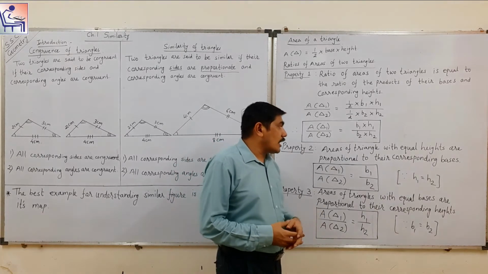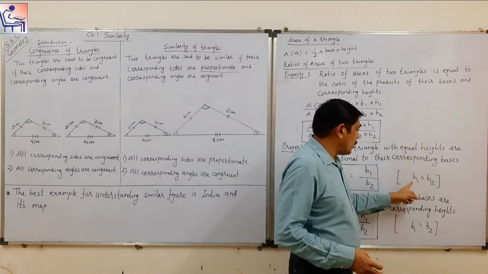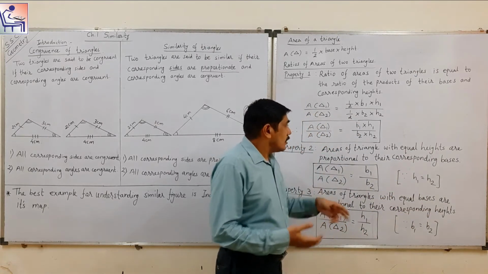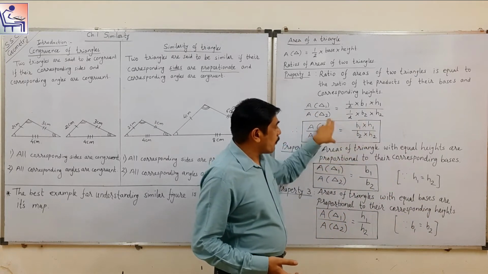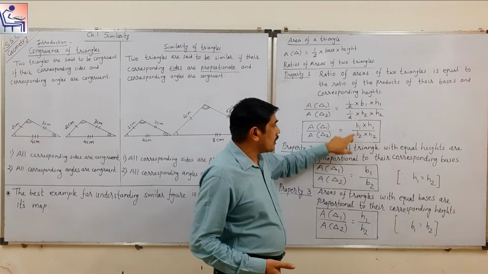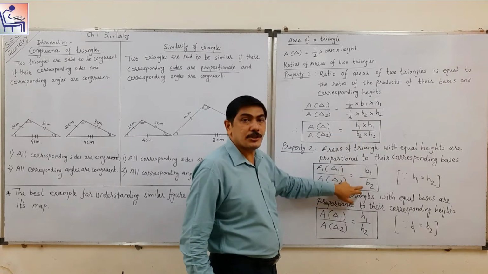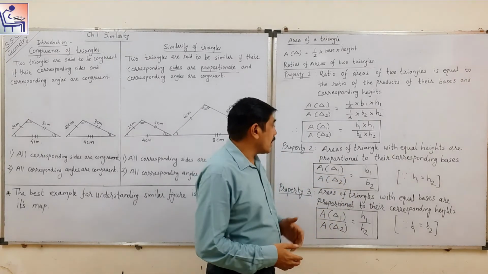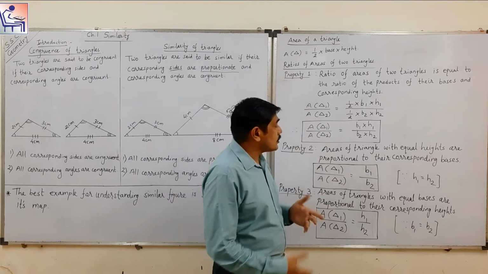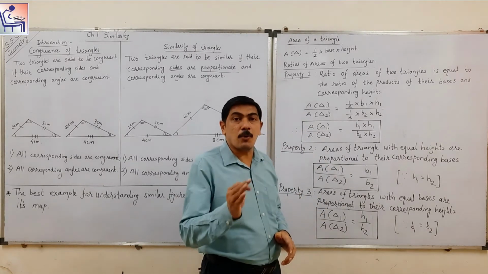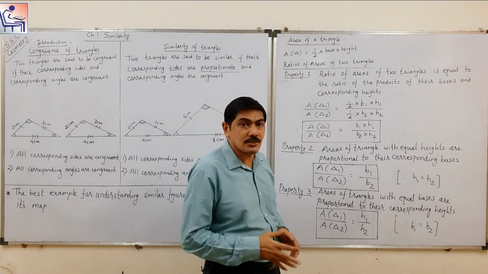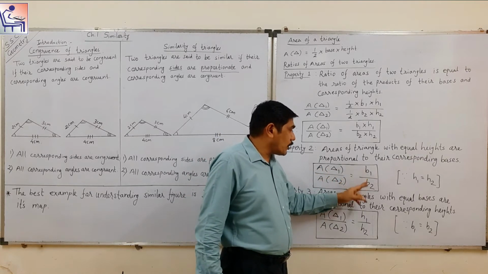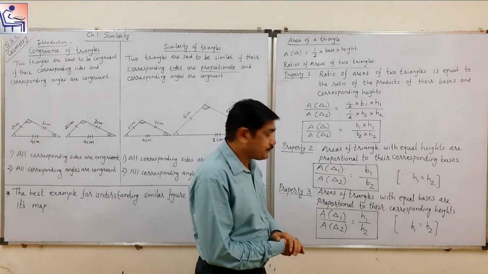If the heights H1 and H2 are equal, then from the first property, if you cancel this part, what will remain? B1 upon B2. So whenever heights are equal, the ratio of areas of two triangles depends upon the corresponding bases. So area of triangle 1 upon area of triangle 2 is equal to B1 upon B2.